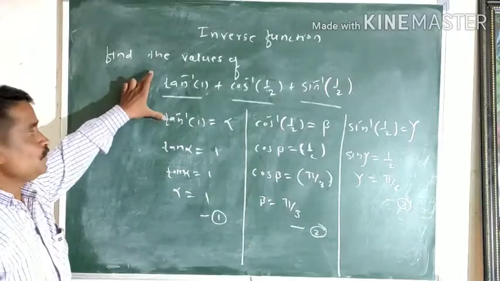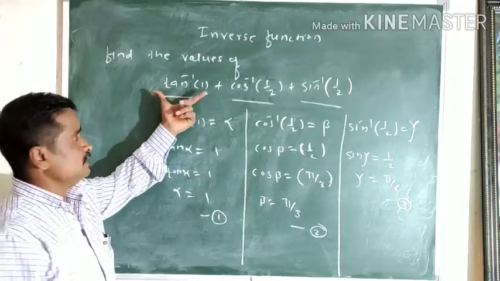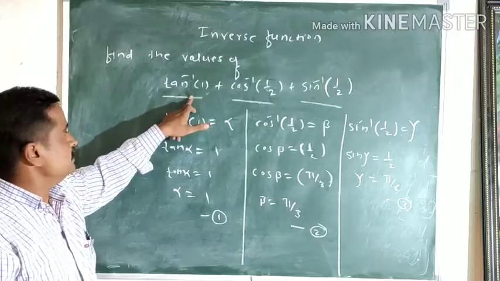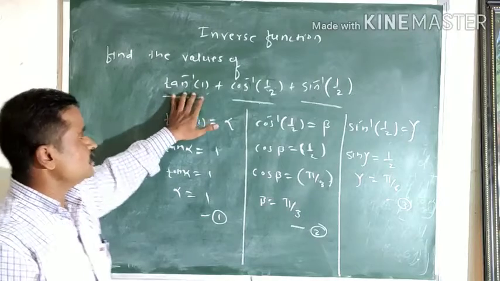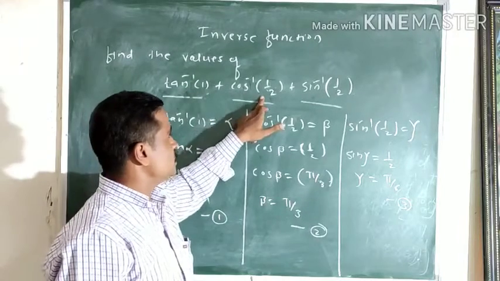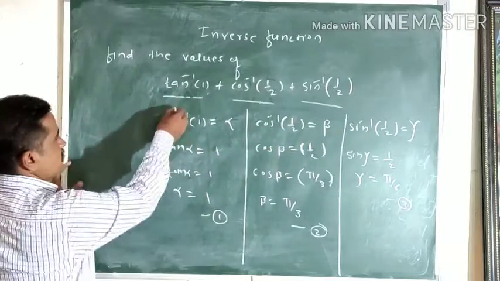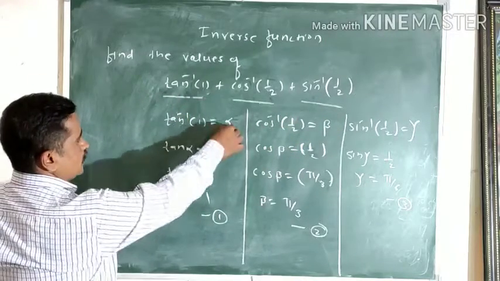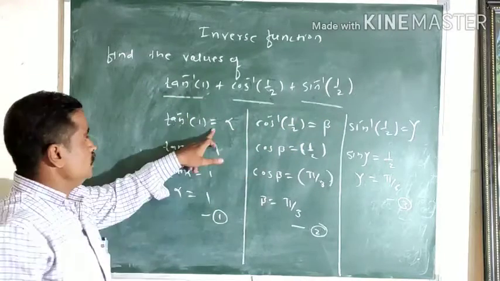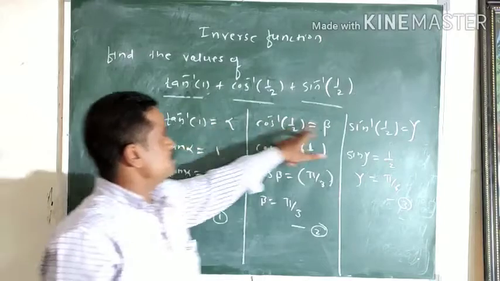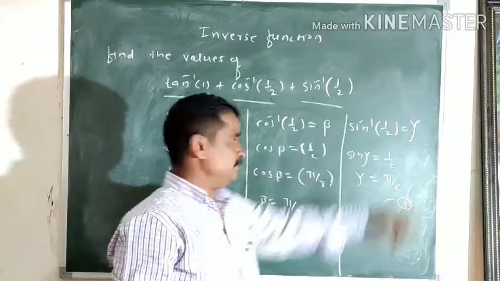Now we have to add these inverse functions, that is tan inverse of 1 plus cos inverse of half plus sin inverse of half. We consider tan inverse of 1 equals alpha, so we have to calculate alpha plus beta plus gamma.